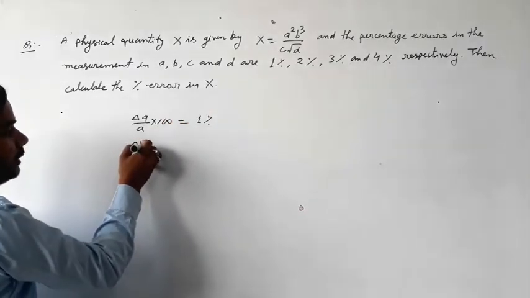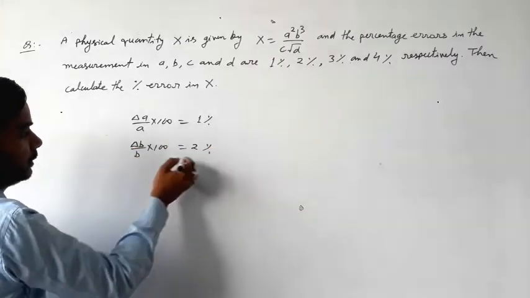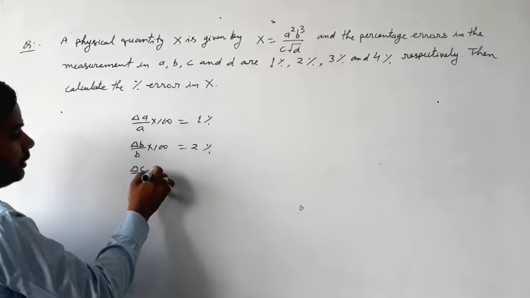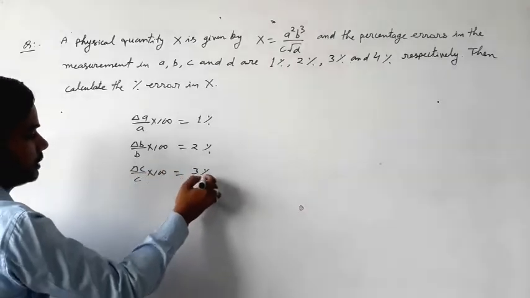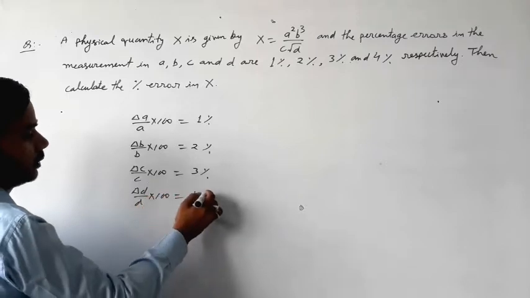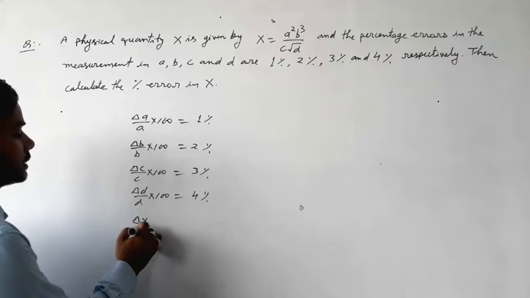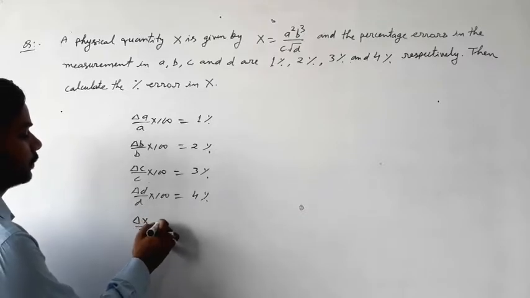The percentage error in b, delta b upon b into 100, is 2%, delta c upon c into 100 is 3%, and delta d upon d into 100 is 4%. We have to calculate the value of delta x upon x into 100.